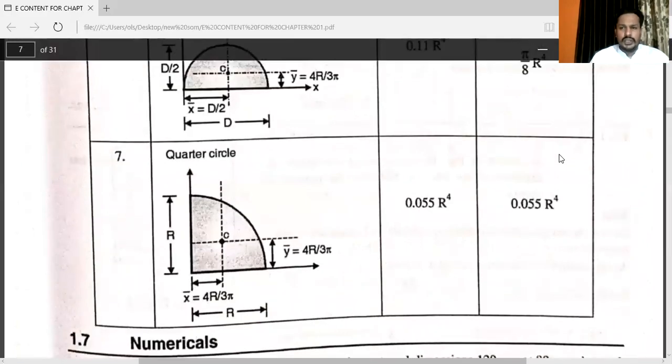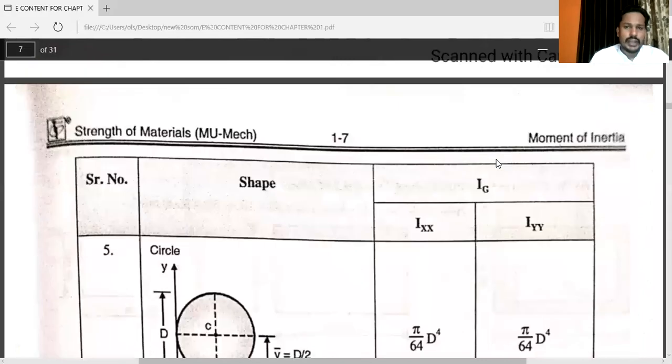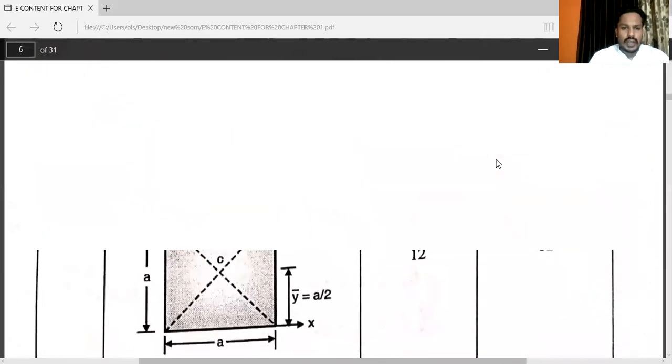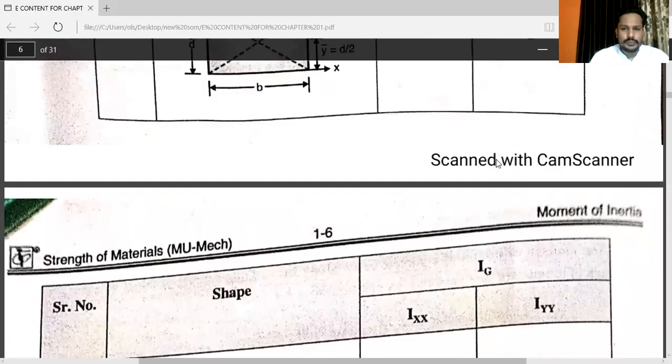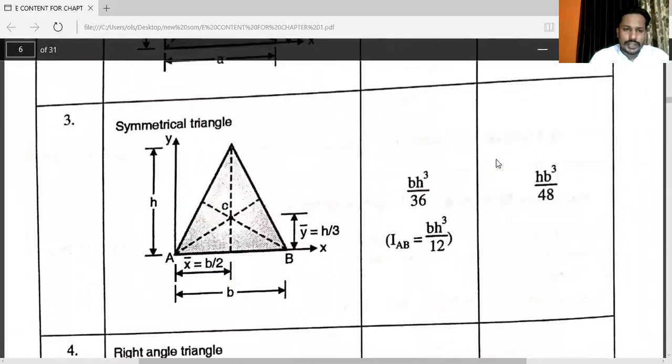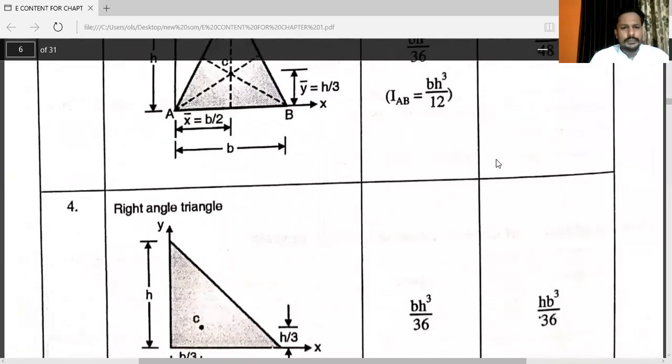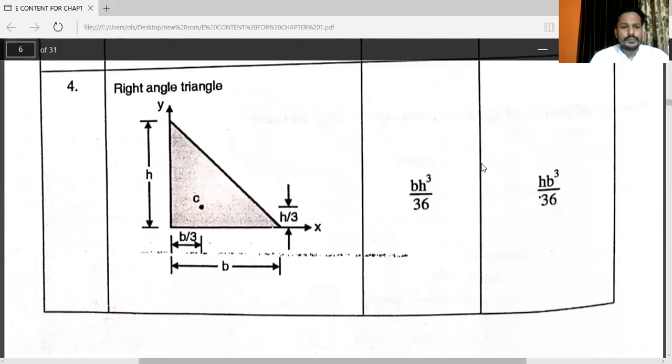See, here I completed the entire theory which is required for this chapter. What I have completed: moment of inertia, then radius of gyration, then parallel axis theorem, then perpendicular axis theorem, that is polar moment of inertia. I completed Ixx and Iyy for different shapes.